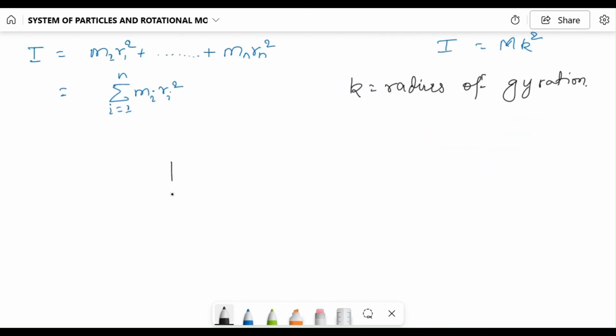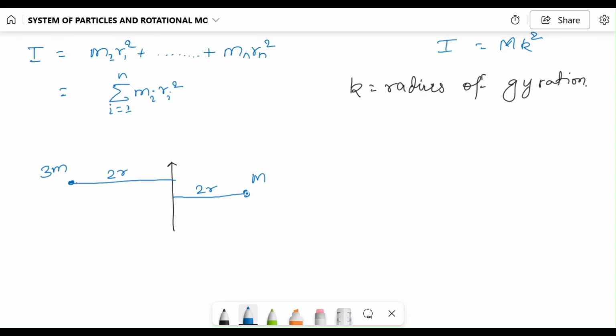Let's say we have an axis here, and we have two point masses. One is m at a distance of 2r, and another, at a distance of 2r once again. Although this is not looking the same, we can consider these two distances equal, and the mass is 3m.